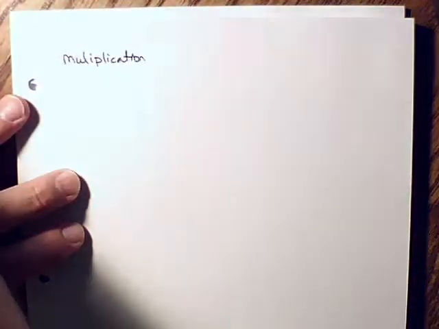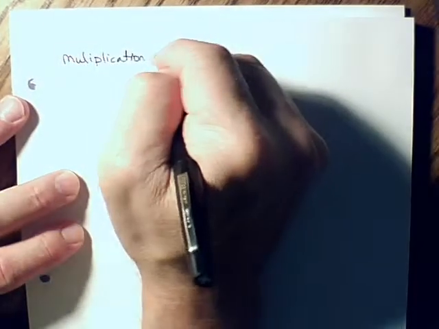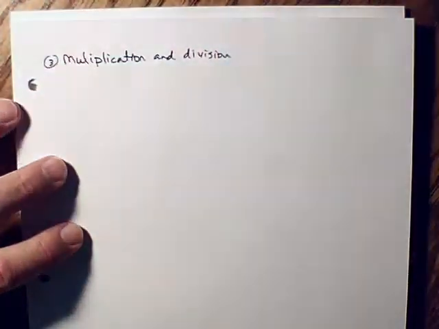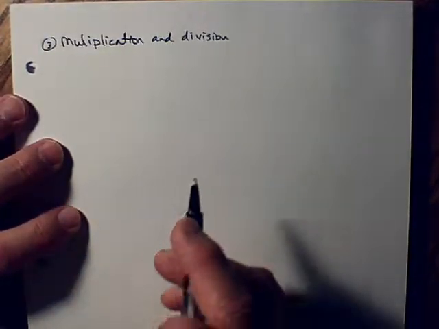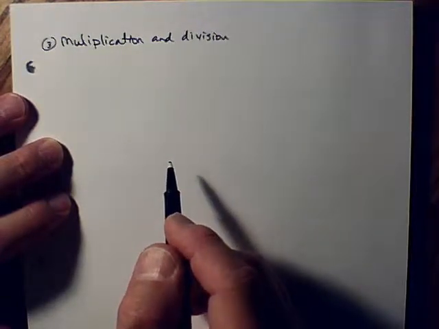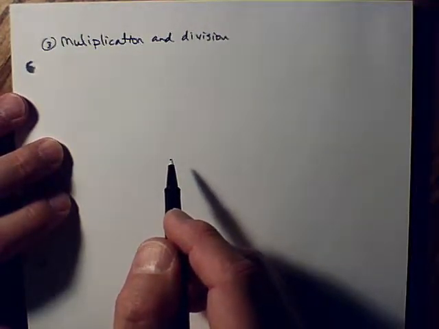All right. Let's go to multiplication and division then. Now in chemistry, most of the time, when we're doing multiplication and division, we're doing a bunch of fractions that we're multiplying together, but fractions themselves are division problems.